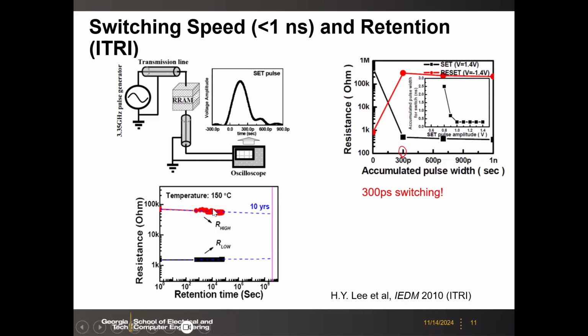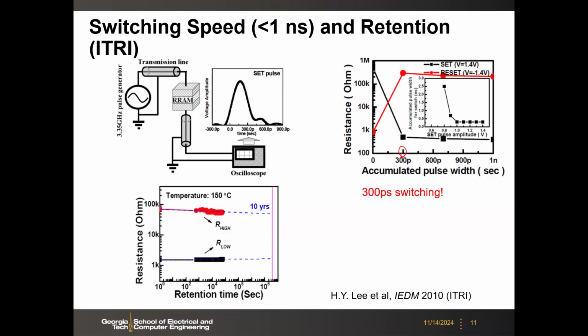And then here the retention, for example, here they bake the device at 150 degrees Celsius and then monitor the resistance high and low. And then after maybe 1 day or few days, they extrapolate to 10 years. But this is not a good way to do the extrapolation, right? If you recall, when we talked about the NAND flash, for long time memory, you have to do what?